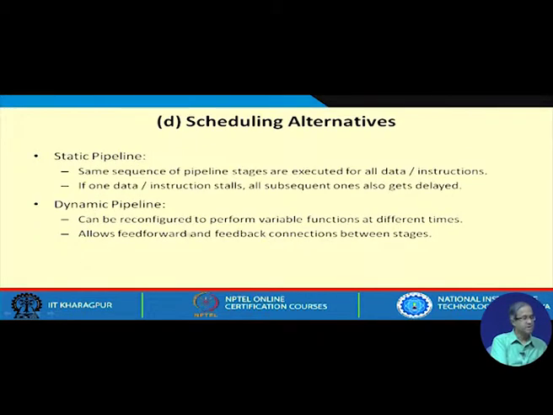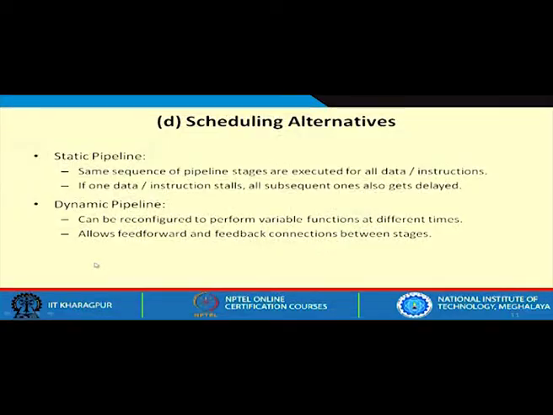One example of a dynamic pipeline, we shall discuss it later, is that suppose we are able to design a pipeline which is able to carry out both floating point addition and multiplication. When you are doing addition, a certain sequence of stages will be executed. When you are doing multiplication, some other sequence of stages will be executed. This is an example of dynamic pipeline scheduling.